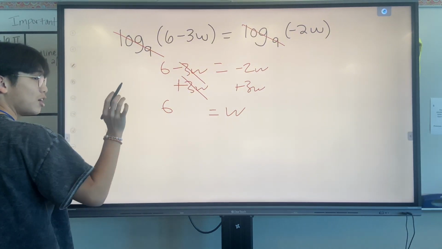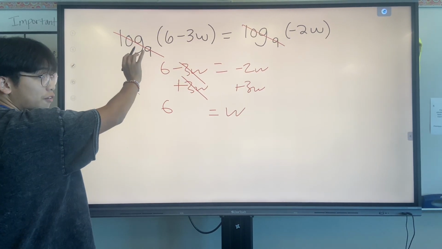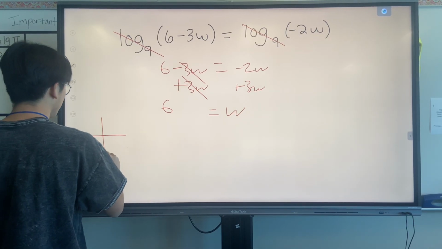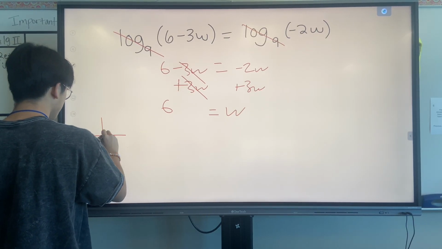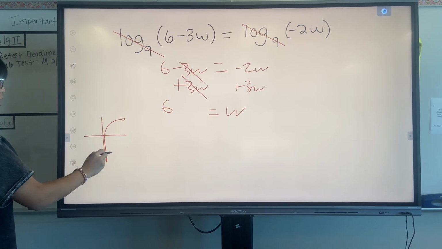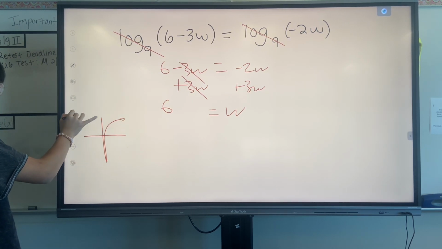So with extraneous solutions, if we remember the log function, which on a graph would look something like this, remember that there is an asymptote and that the line doesn't actually cross into the negatives.